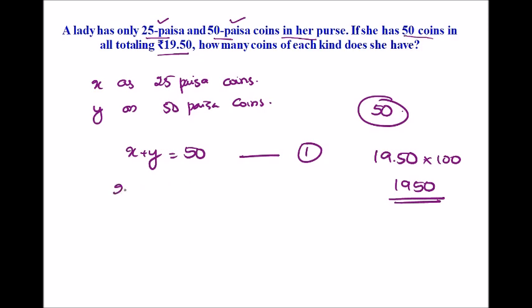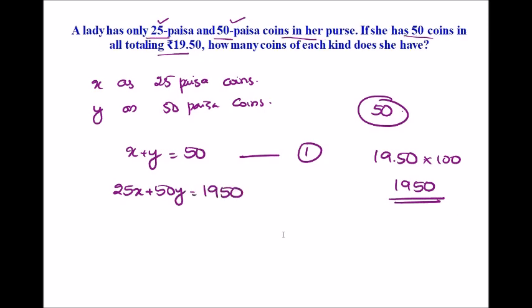That is 25x plus 50y is equal to 1950. Now divide the entire equation by 25. That is x plus 2y is equal to 78. This is marked as equation 2.